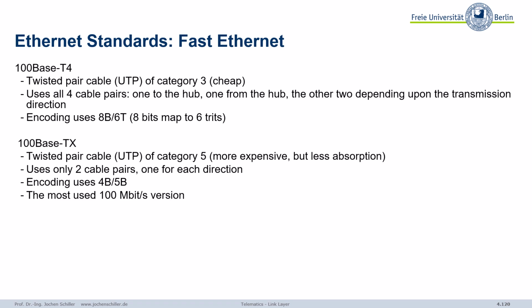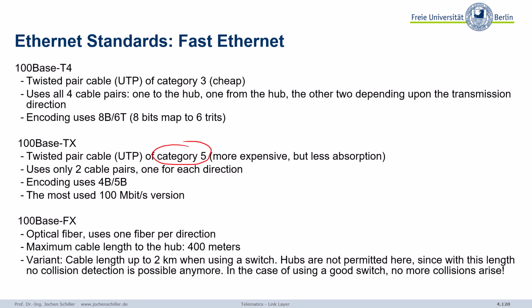There was also a version with a bit more expensive cabling, category 5 cabling, which is better, using only 2 of the cable pairs, 1 for each direction. So then we can have full duplex. And we also had a fiber version.